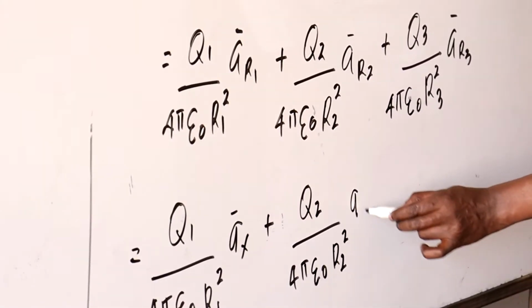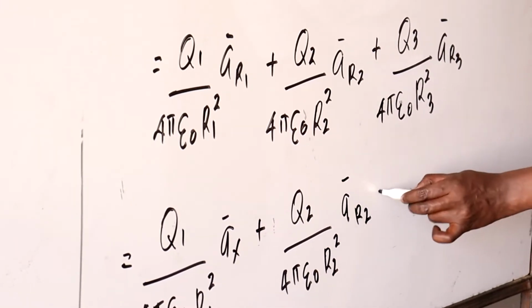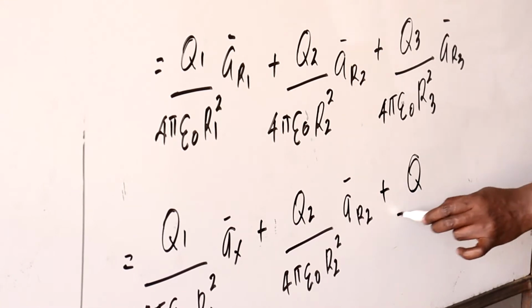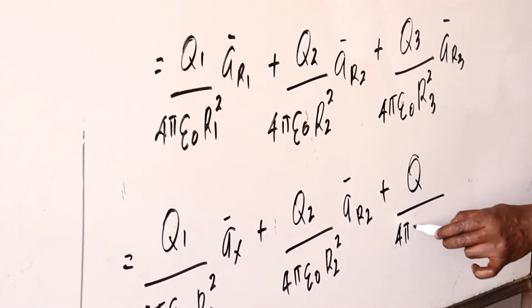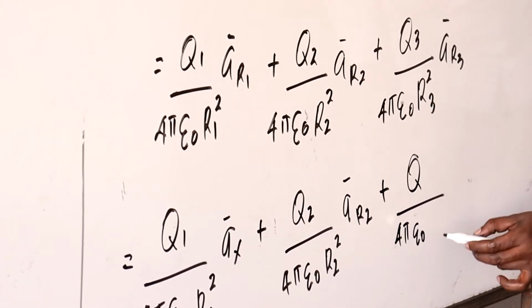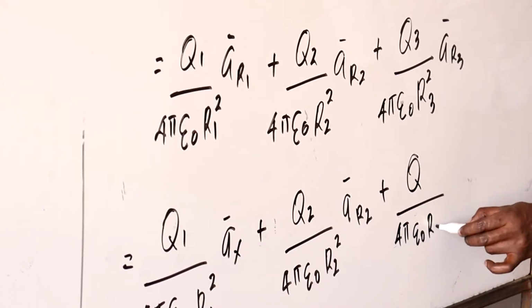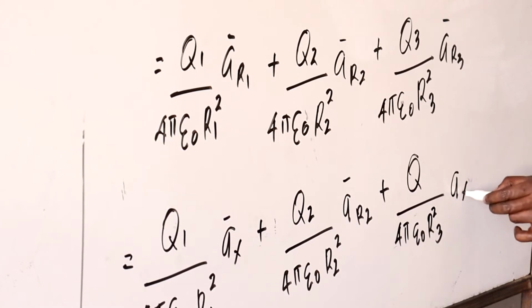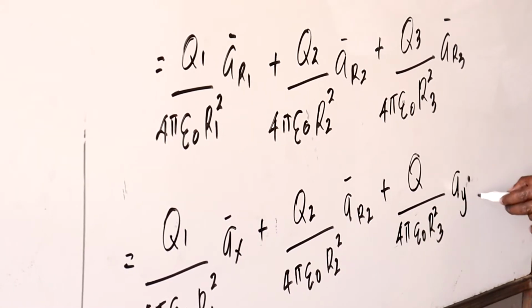This one has two components, so let us still retain that. Then plus Q3 over 4 pi epsilon naught R3 squared in the direction of AY bar.